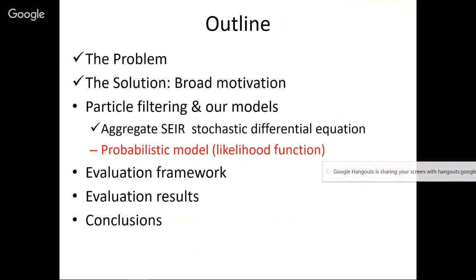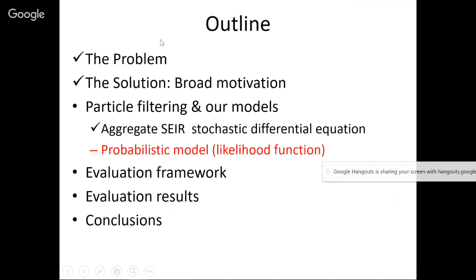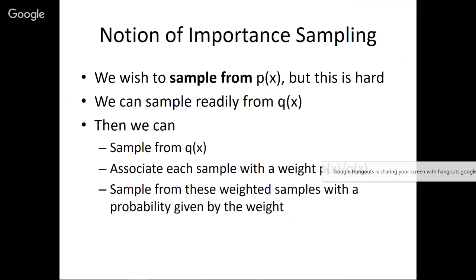And we're going to go in and talk about how the dynamics change at observations. This has been purely dynamics between observations we've been talking about. In order to get into dynamics at observation, we have to introduce a probabilistic model.